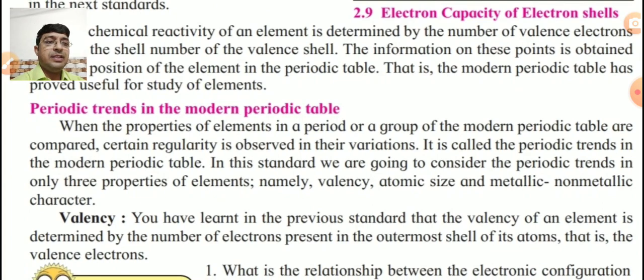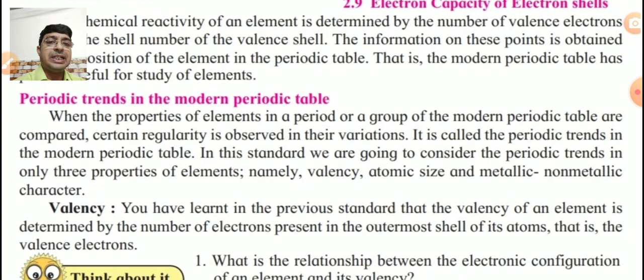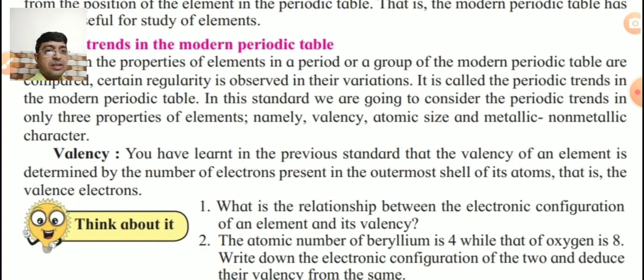In this standard, we are going to consider the periodic trends in only 3 properties of elements. The first is valency, the second is atomic size, and the third is metallic and non-metallic character. So the first one is valency. You have learned in the previous standard that the valency of an element is determined by the number of electrons present in the outermost shell of its atom, that is, the valence electrons. Valence electrons means the electrons present in the outermost shell of an atom.